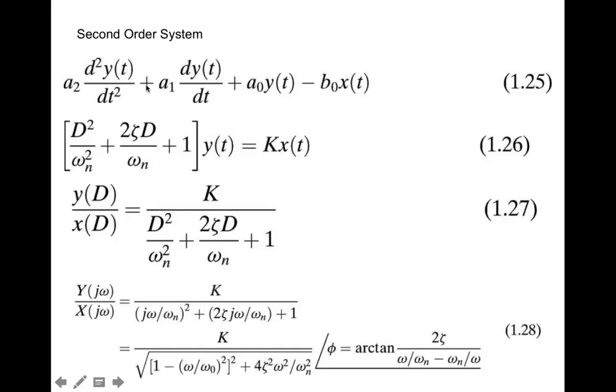If you take the differential variable transform there, what's been done from the first line to the second line is basically you substitute for the derivatives with the differential operator, and then you divide through by the constant a naught, and then the constants are rewritten as omega n squared and 2 zeta over omega n.